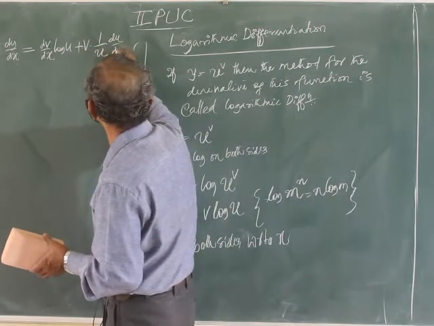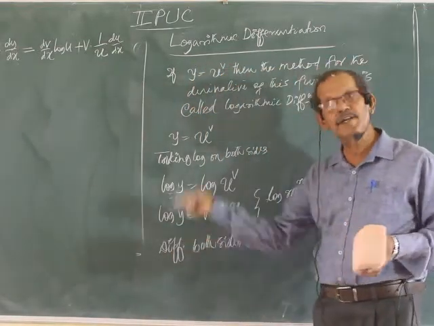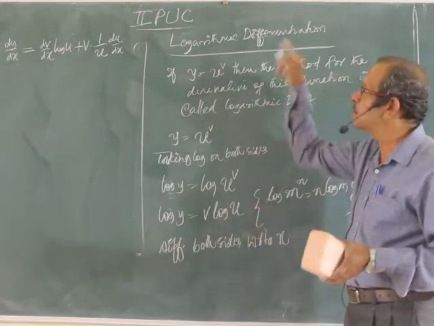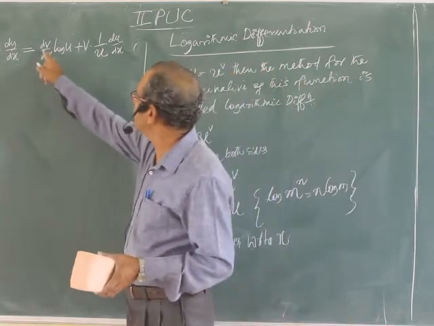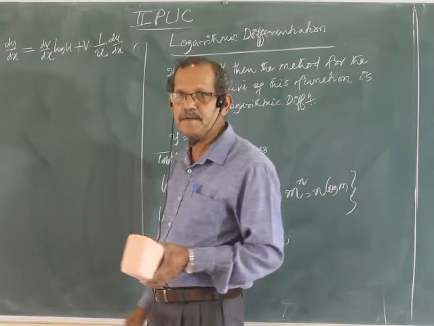Log y how you have written, 1 by y into dy by dx. Similarly, derivative of log u is 1 by u du by dx. Derivative of the first into the second as it is, plus first one as it is into the derivative of the second.